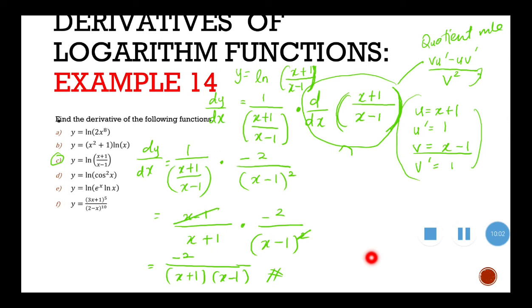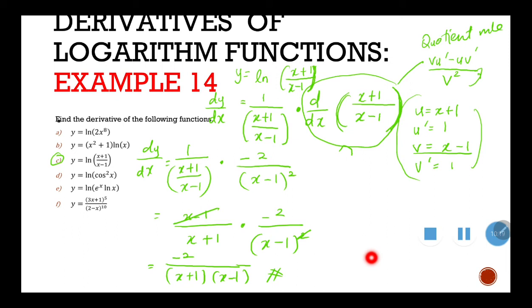So yeah, okay. If you remember, we have solved the d/dx of x plus 1 over x minus 1 here, and we get minus 2 over x minus 1 square.